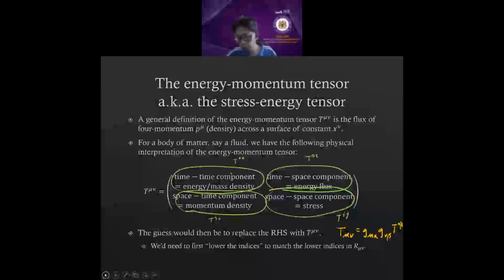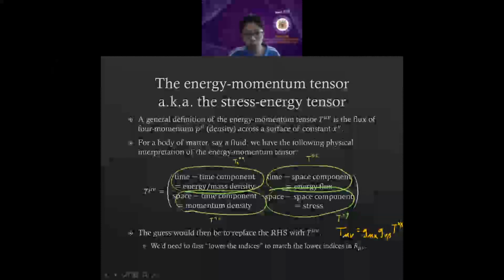But what I want to focus on next is that I want to motivate you why the stress energy tensor describes all of these things. Why the 0, 0 component describes the energy or the mass density, and this component describes the energy flux.